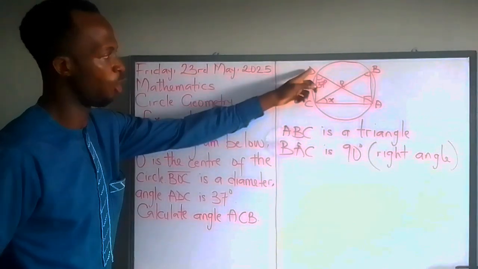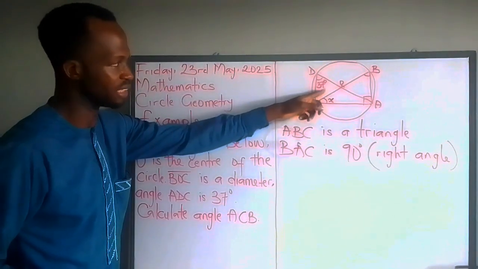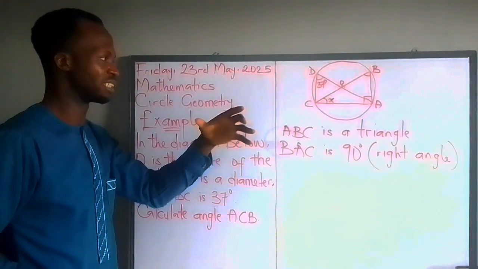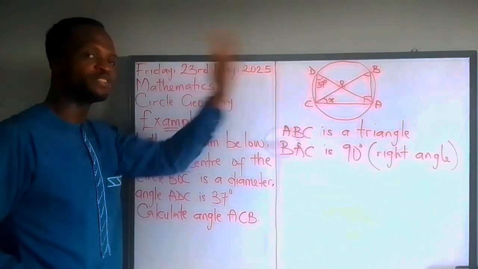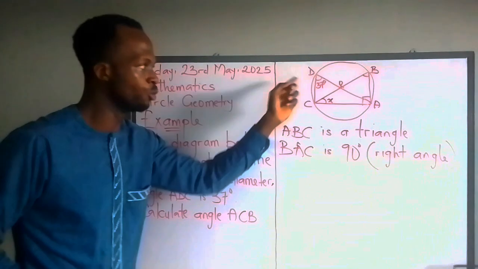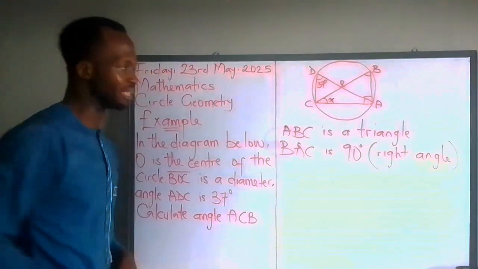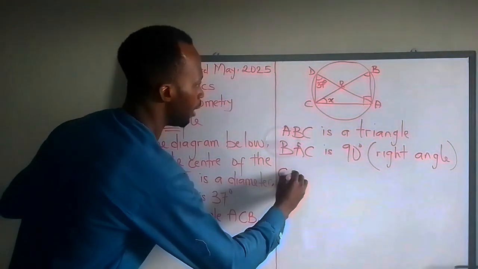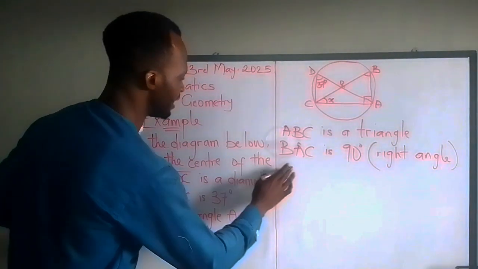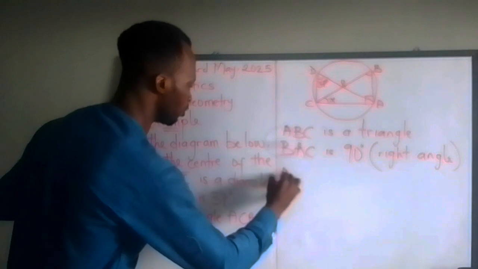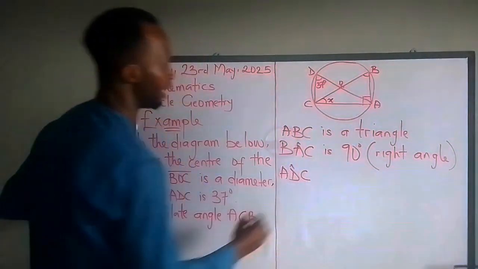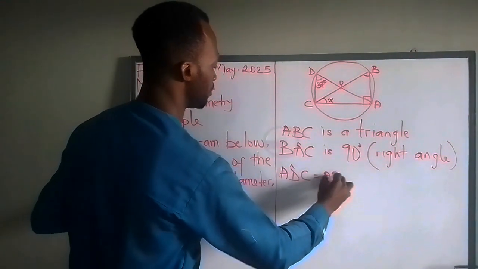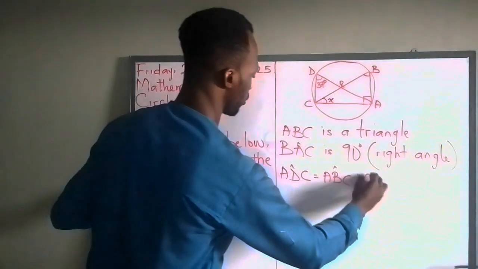So you take note of this angle at D, 37 degrees. Now when you take note of the two of them, you will see that they are in the same segment, and we have proved this before, that angles found in the same segment are equal. So here we are going to write angle ADC is equal to angle ABC, and that's equal to 37 degrees.